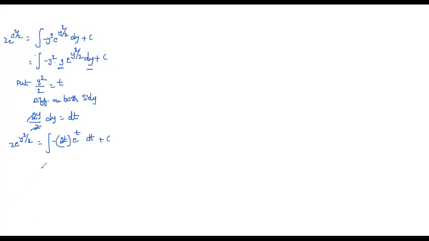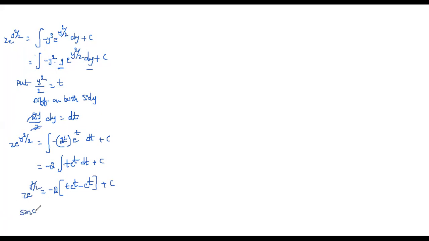Now you can write minus 2 outside the integral of t e power t dt plus constant. This is equal to minus 2 into, as we applied previously, integration by parts, t e power t minus e power t, plus constant.